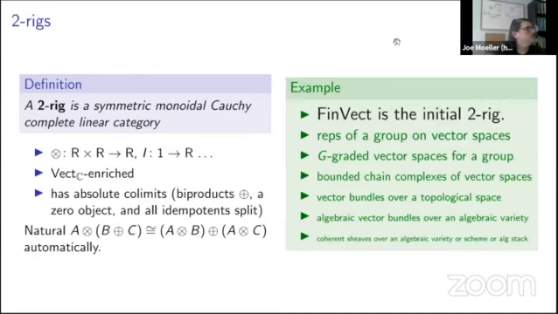Yeah, so an important reason that we ask for idempotents to split is that if you look at the nitty-gritty details of the classical way of defining Schur functors, one of the steps is that you have an idempotent map, and you want to look at the image of that map, and in certain cases that gives you exactly the irreducible representations of a symmetric group.